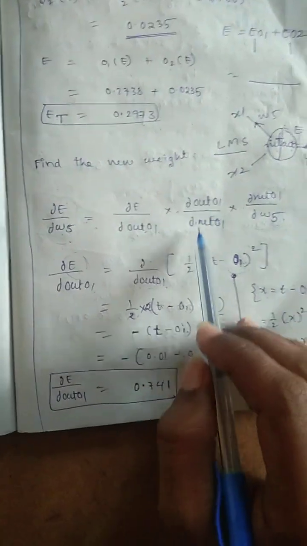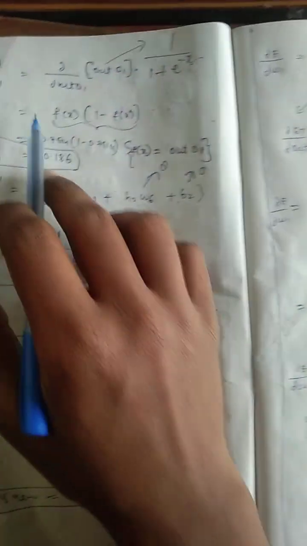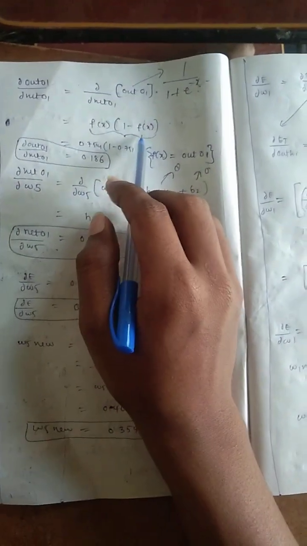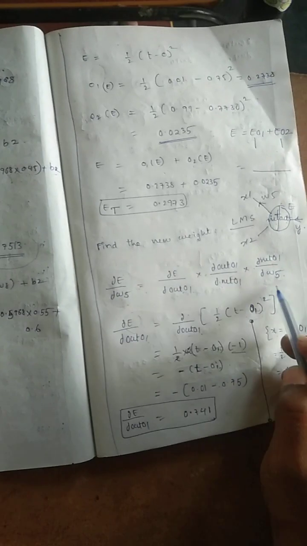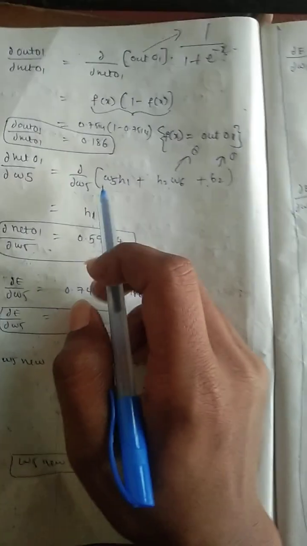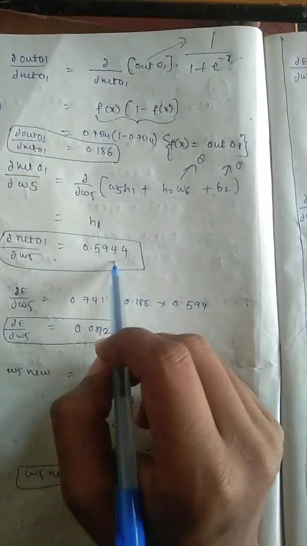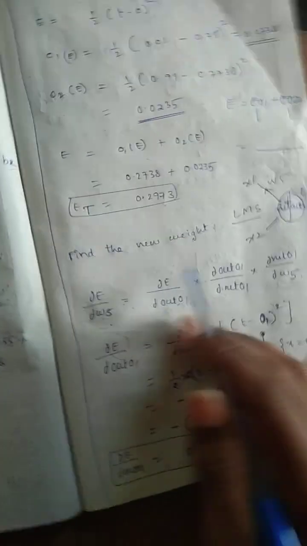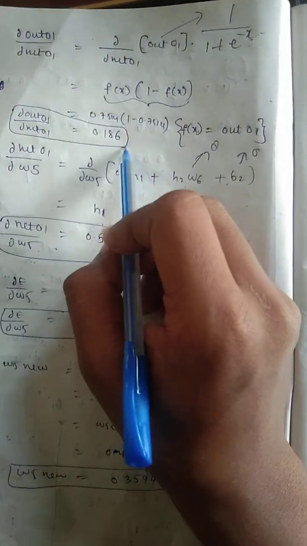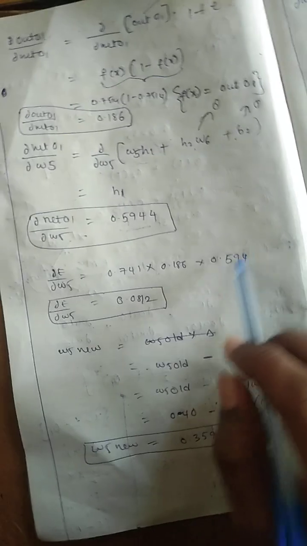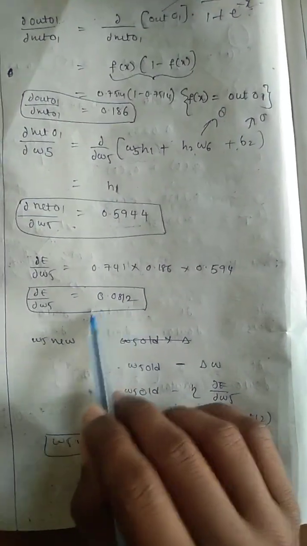Next, out by net value from the formula f of x into 1 minus f of x we get it. And next, the third term, dou net out 1 by dou w5, we have right here. Now multiply the three terms' values. Now 0.74 into 0.186 into 0.5944, the three terms we are multiplying here, then we get this one.